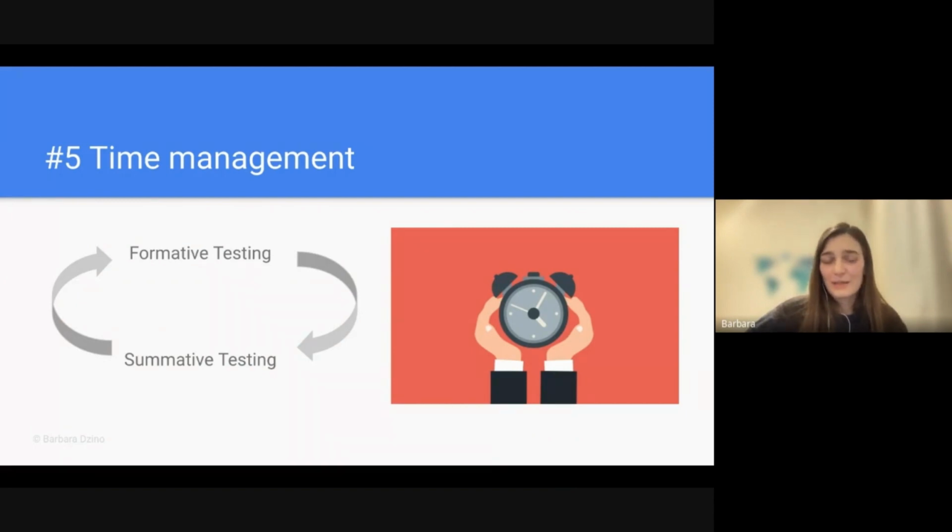Just make sure there's a little bit of buffer between formative and summative testing. It's hard finding summative testers in the first place, and you don't want to repeat those tests, or test a buggy product. So do consider that it always takes a lot more time than you think it does.